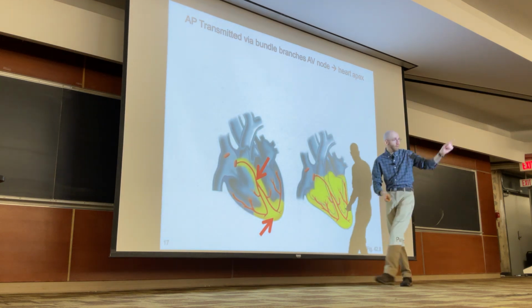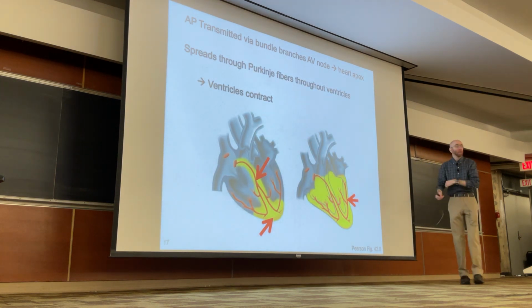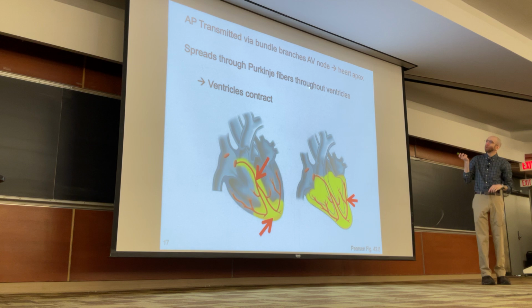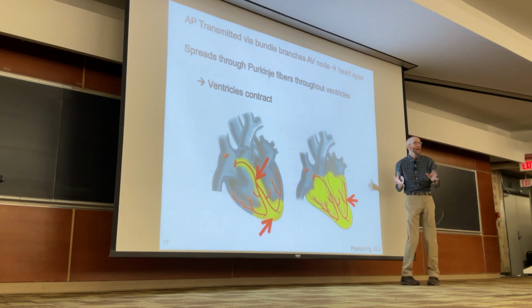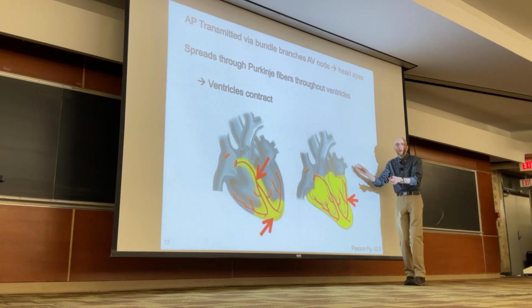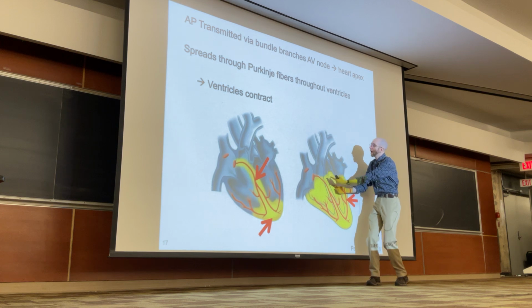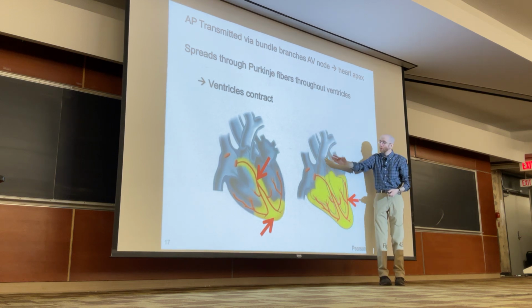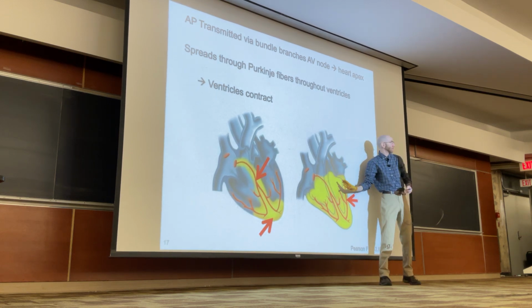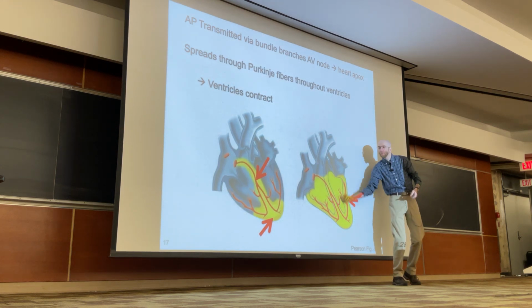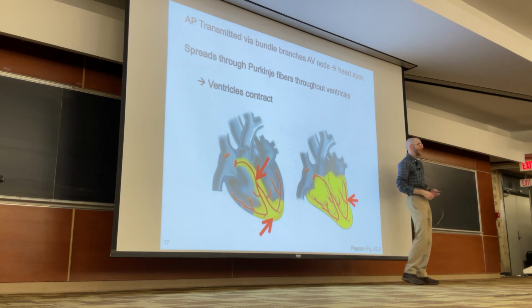And then, here you go, we're going to radiate that signal upwards through the walls of the ventricles via these fibers called Purkinje fibers. Now at that point, we can have a wave-like contraction of the ventricles from the bottom upwards, and that's going to push the blood outwards through either the pulmonary valve or the aortic valve. But you need to have that contraction going from bottom to top because of where the valves are that lead out of the heart.